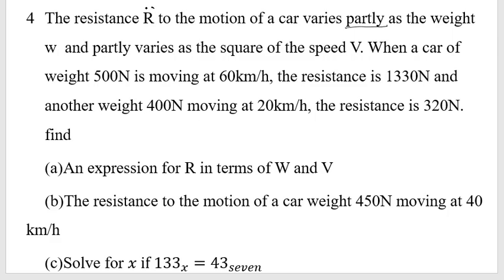The main variables are R, W, and V. But if you read the question, R varies partly as the weight, and so you bring your plus, partly varies as the square of the speed V, so we have V squared.